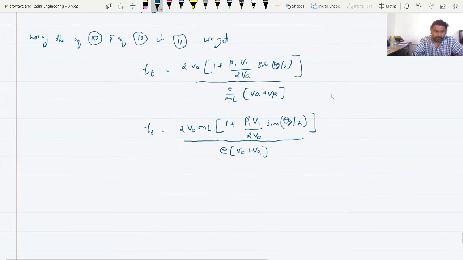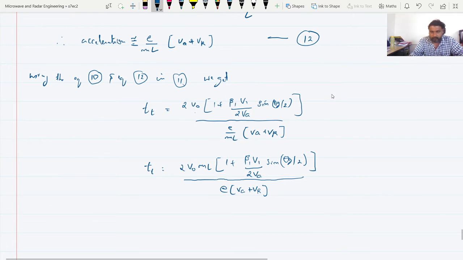Okay, that is good. So that is nothing but the transit time. I will call this equation 13.